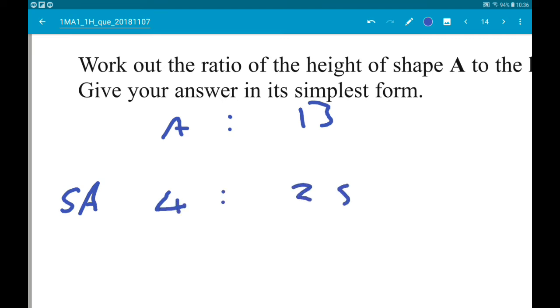Now, from surface area ratio, you can get the length ratio by square rooting. So the lengths of A and B are in the ratio 2 to 5.